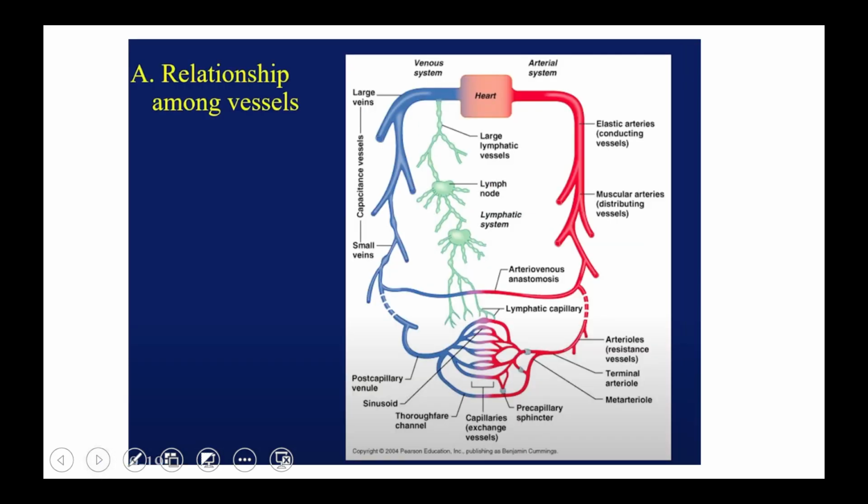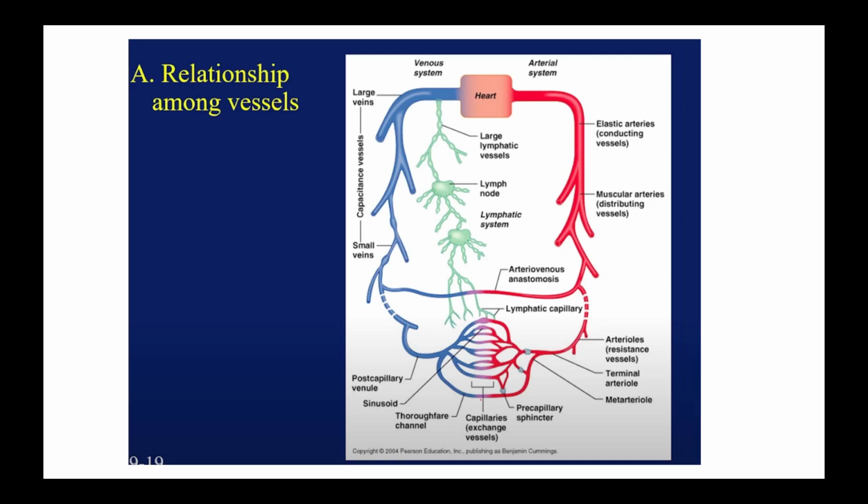Before that, we will also read this one. This is the heart, and this is the entire venous system carrying deoxygenated blood, and the arterial system carrying oxygenated blood. All the organs are connected with small capillaries which carry the blood and do the exchange of oxygen and CO2 between the organs and the blood.